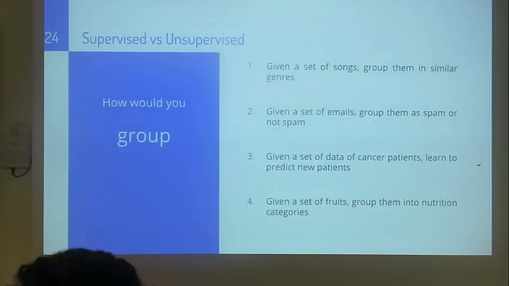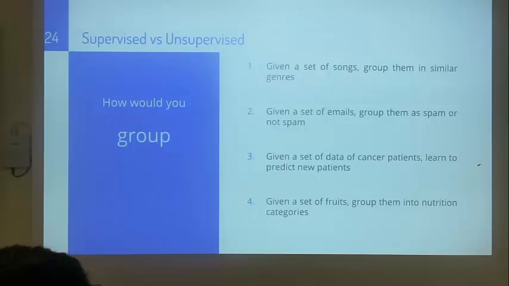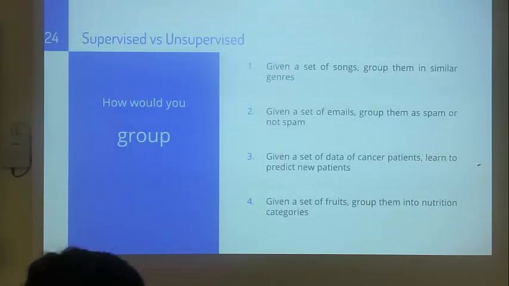Yeah, I think that's the correct answer, because if we look at emails, right, how we group it as spam and not spam. It has learned from the past because advertisers send you spam email, right? So you can't tell that every email is spam, right?